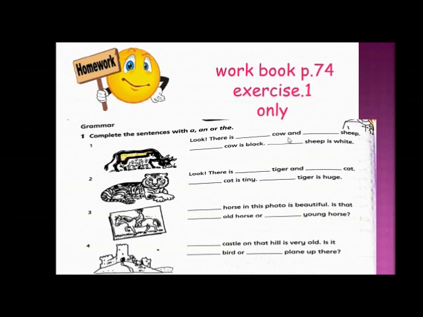Look, there is a cow and a sheep. The cow is black, the sheep is white. In sentence number 1, we are talking about any cow, any sheep. But in part 2, we are talking about a specific cow and a specific sheep. Do your homework and ask your teacher for correction.